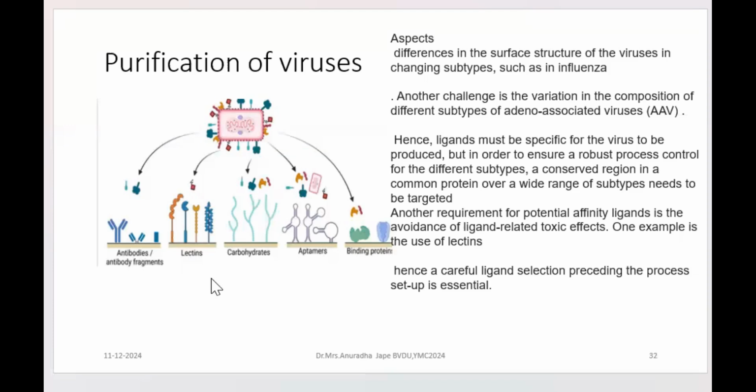So in the case of pure virus preparation for vaccine production, the ligands used are generally glycans, carbohydrates. Of course, the process setups are to be done very specifically, and careful ligand selection is a must when we talk about application of affinity chromatography for purification of viruses.